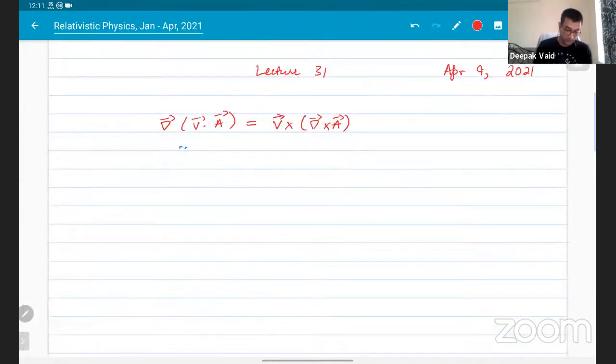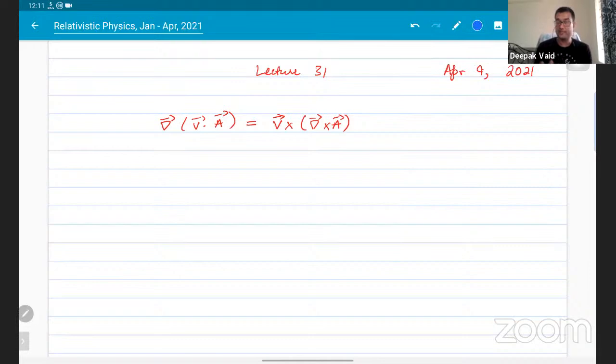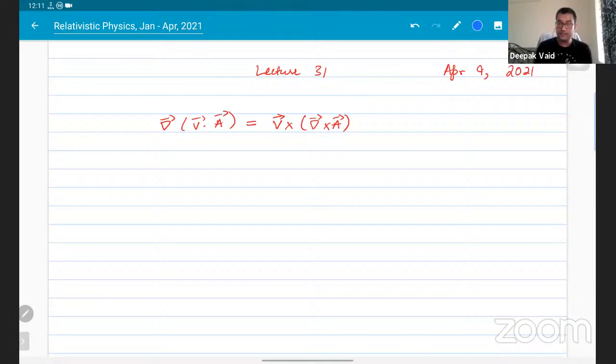So now, rather than deriving this, what I'm going to do is I'm going to check the identity is correct. Okay. So how can we do that? So let me, have I introduced the anti-symmetric tensor epsilon to you all? I have?